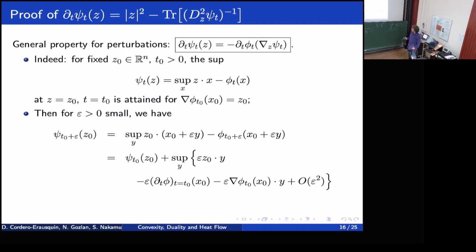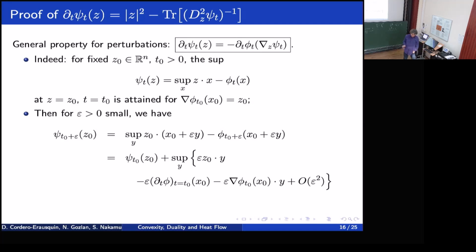And the other first order term is the derivative in space. So you have epsilon gradient phi t0 at the point x0, y. And here is where I'm cheating. I'm assuming that it's kind of uniform in y. If you have this assumption, for instance, superlinearity, it's okay. It's enough.